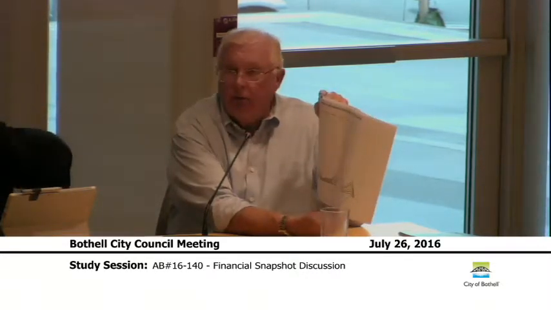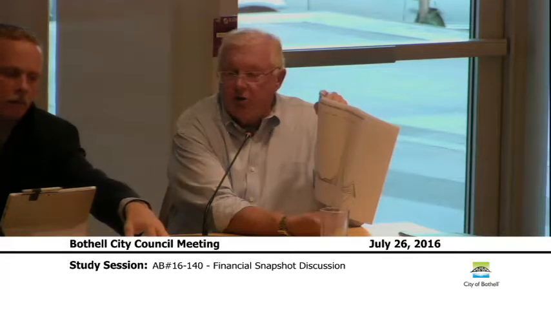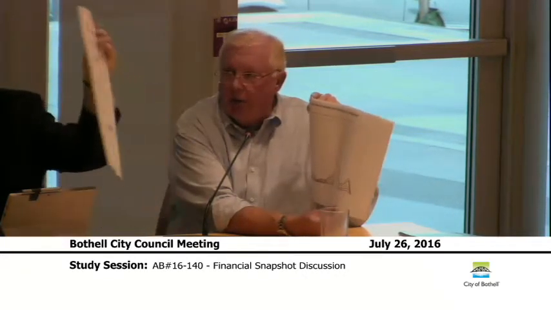That's still to come. Then you have what I call a cost control chart, but it's this line chart that shows variations by year, by department on where revenues have been, or where expenditures have been going. It's a different way of looking at it. We'll talk about it when we get there. And then you have the expenditure history for the general fund by personnel, by supplies, by services, intergovernmental, and capital, which is a way of looking at where the money is going.